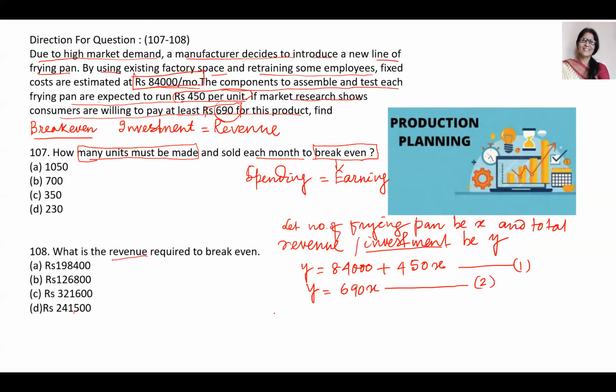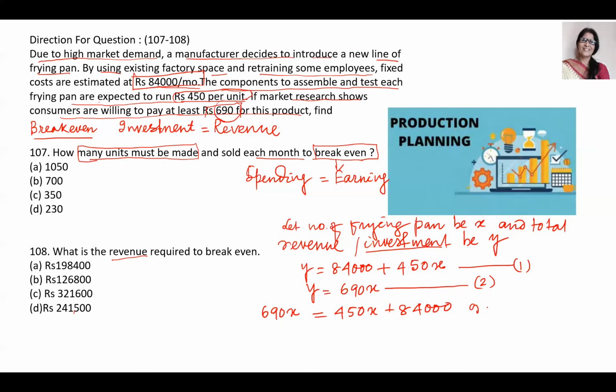So this is very simple now. Making both equal, 690x is equal to 450x plus 84,000.